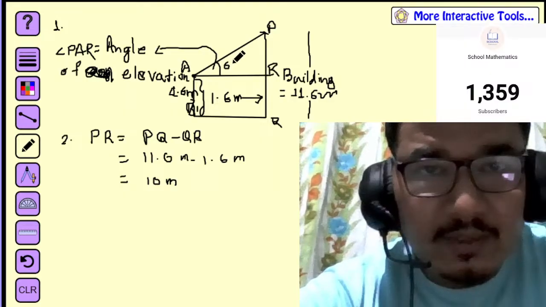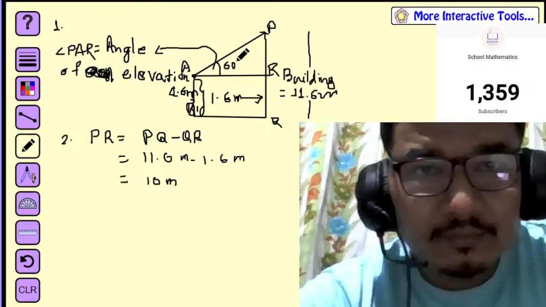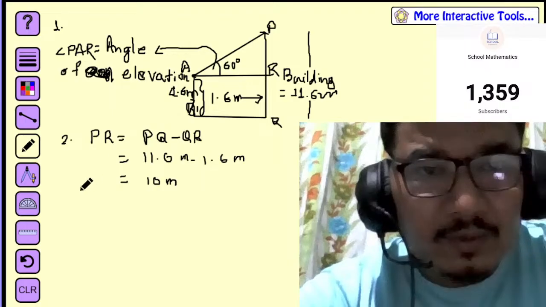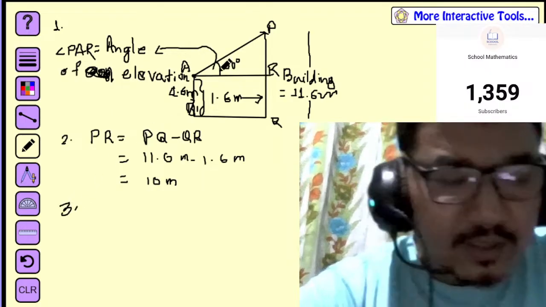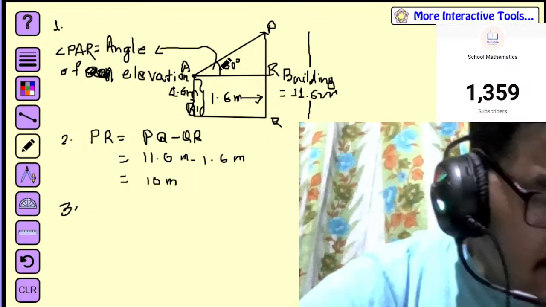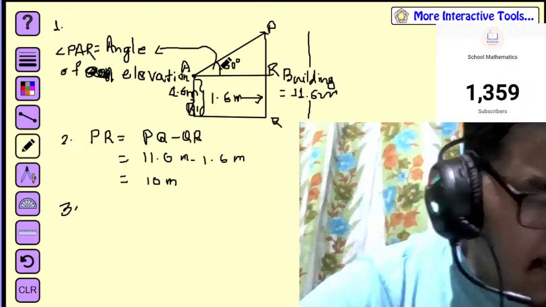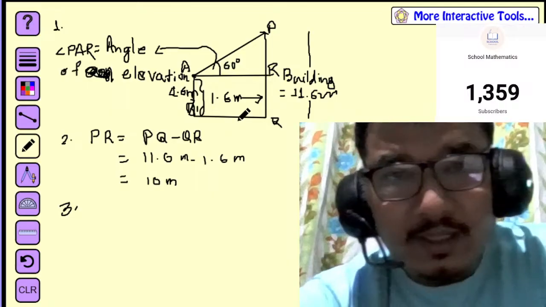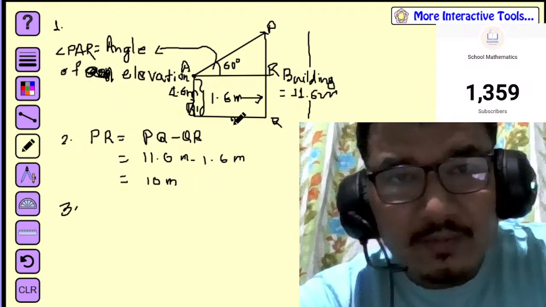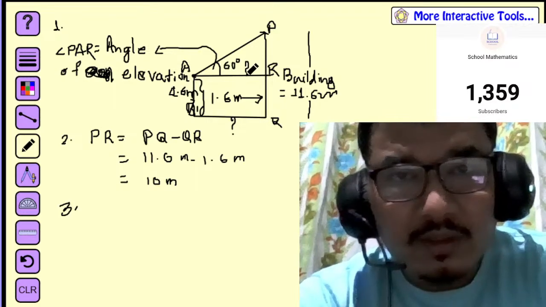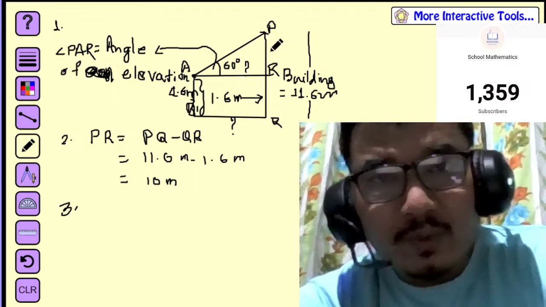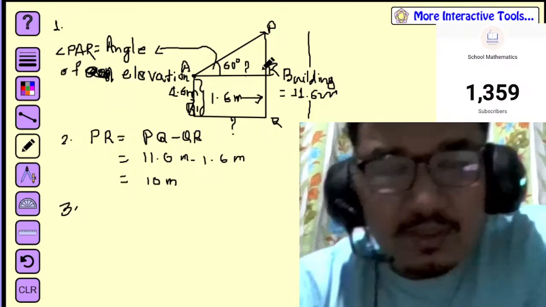If this angle is 60 degree, it asks to find the distance between the man and the house. This distance is what we need to find. As we know, this distance and this distance are equal, so we can find this AR first.